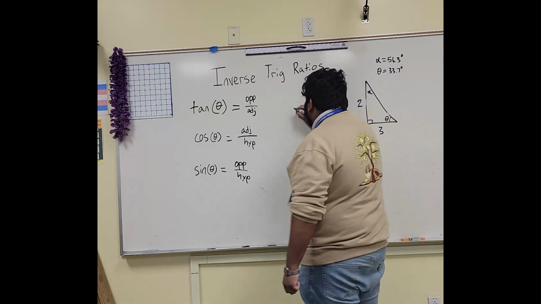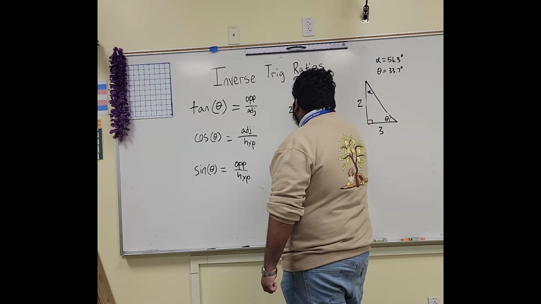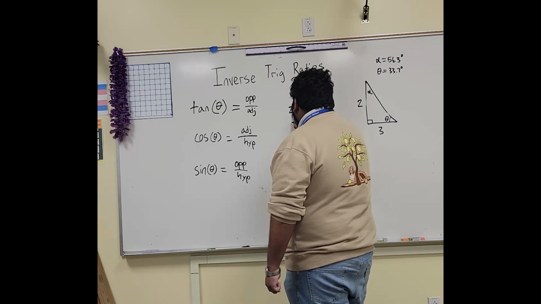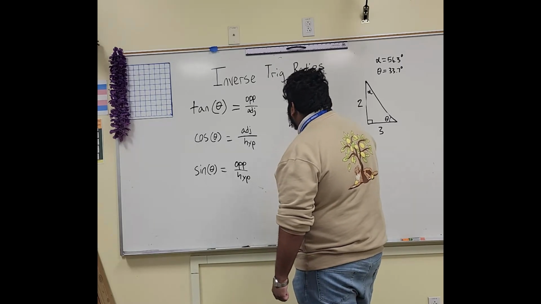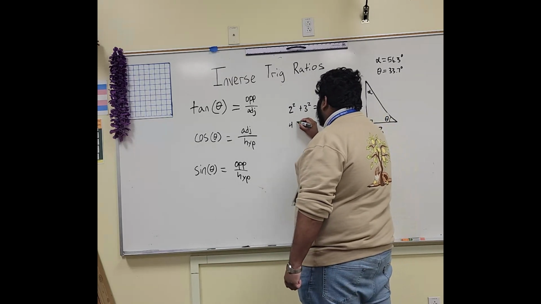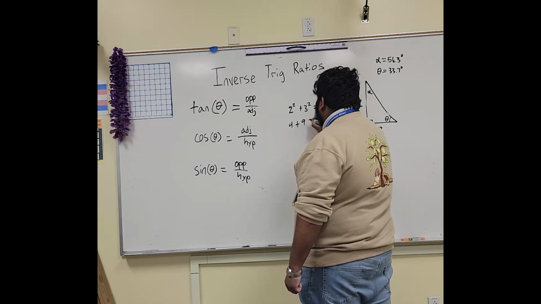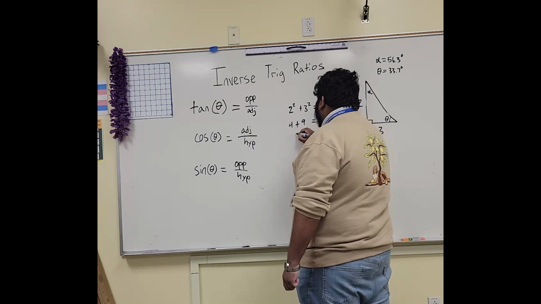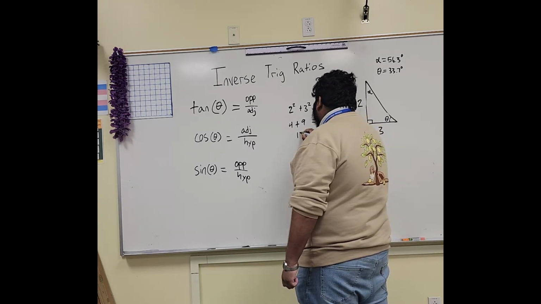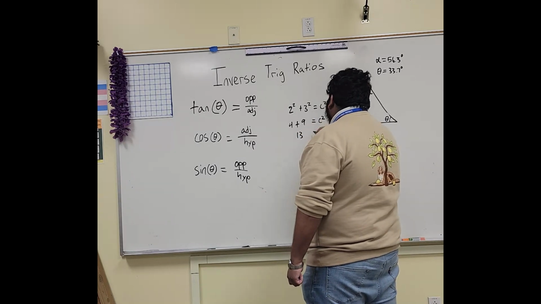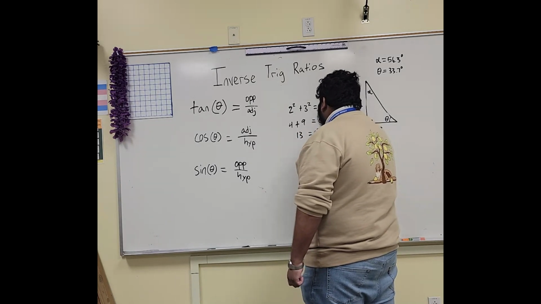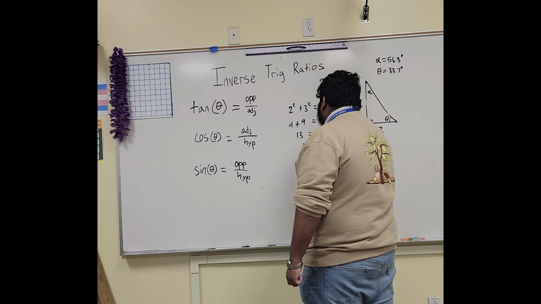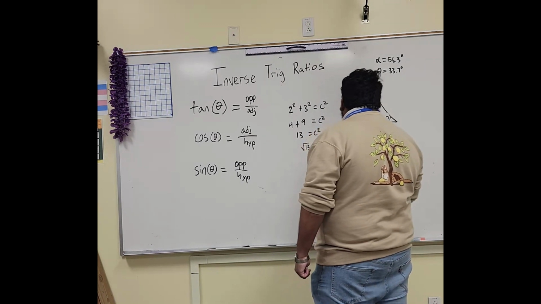We'll use the Pythagorean theorem. 2 squared plus 3 squared equals c squared. I guess it's also kind of a Pythagorean theorem review. So 4 plus 9 is equal to c squared. This is going to be 13 is equal to c squared, and square root of 13 is equal to c.